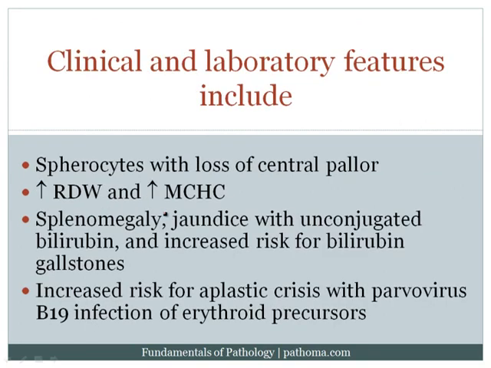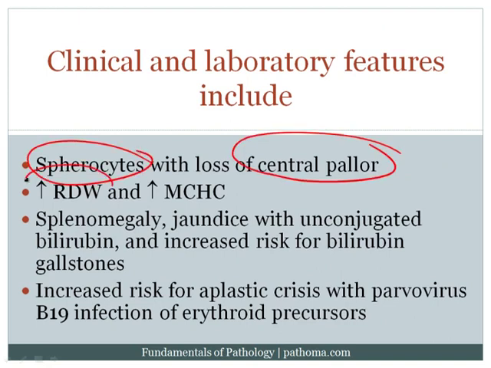Some of the clinical and laboratory features include spherocytes with a loss of central pallor, I've already shown you that, an increased RDW, I've already explained that, and an increased MCHC. What's MCHC? The mean corpuscular hemoglobin concentration. As you begin to shrink down the cell, the cytoplasm remains about the same, and so the hemoglobin gets more concentrated within that cell.